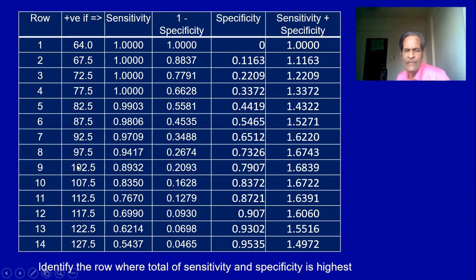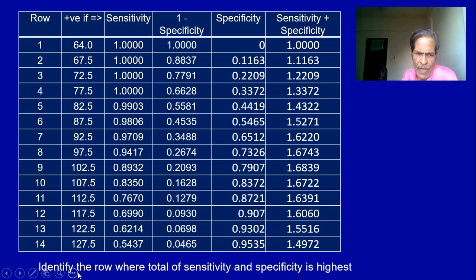Therefore this will give the optimum results, with a sensitivity of 0.8932 and a specificity of 0.7923. So we have compromised on sensitivity and specificity over here, and this is the value which will give us the optimal result.